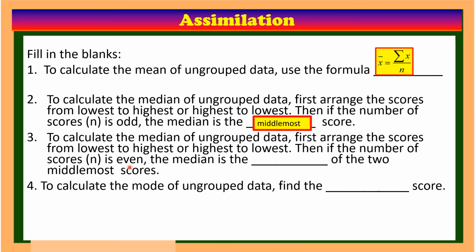To calculate the median of ungrouped data, first arrange the scores from lowest to highest or highest to lowest. Then if the number of scores n is even, the median is the blank of the two middlemost scores. That is the average. Number 4, to calculate the mode of ungrouped data, find the blank score. That is the most frequent score.